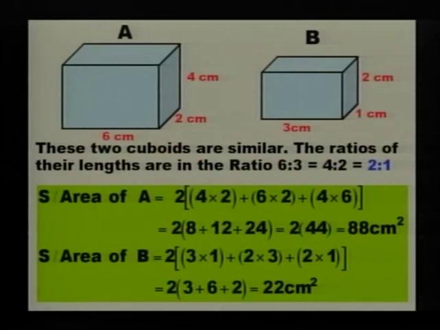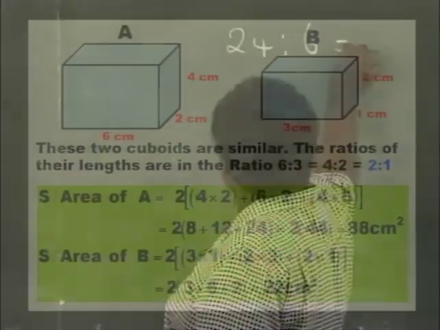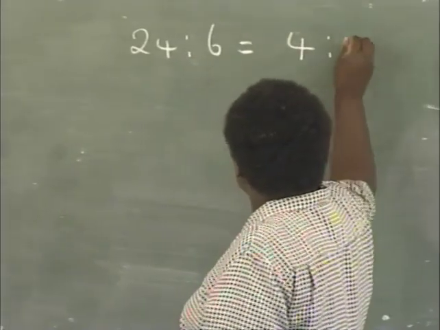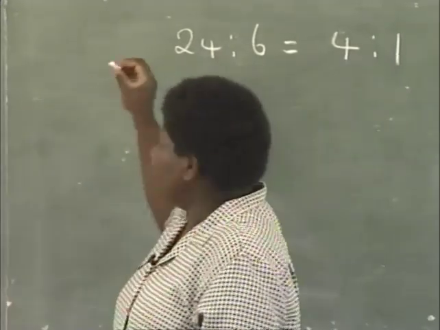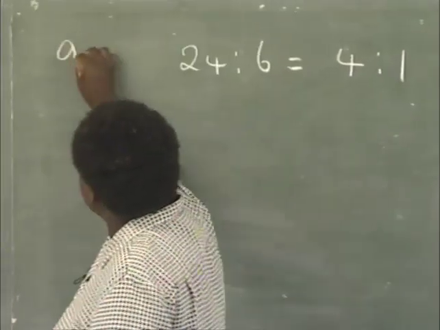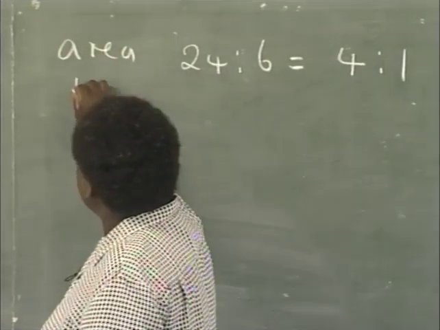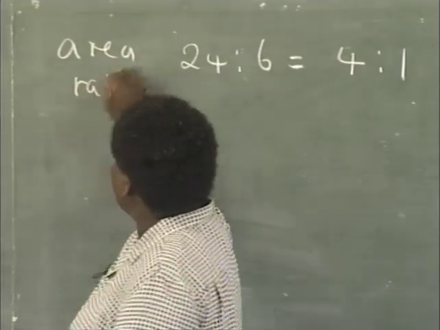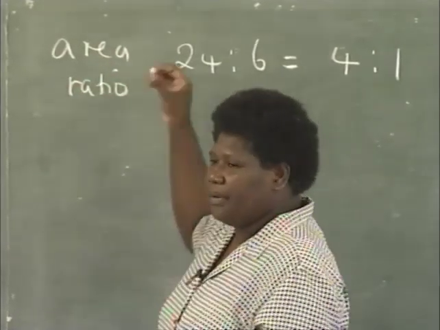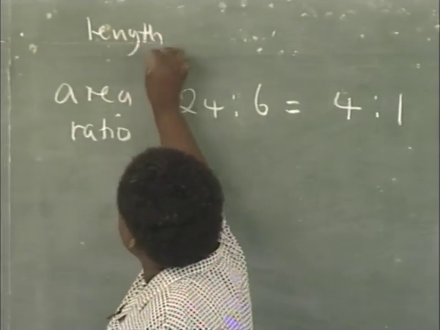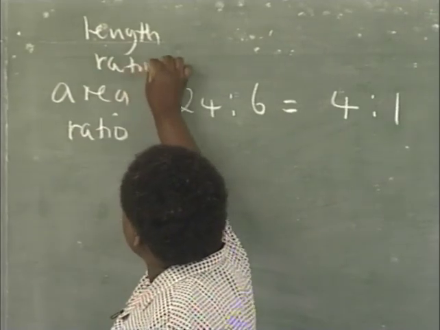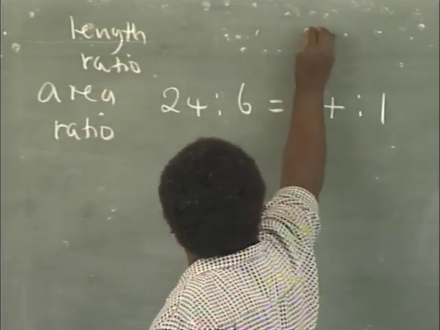Now 24 is to 6 is the same as 4:1. So the area ratio is 4:1, and the length ratio, as you've seen, is 2:1.